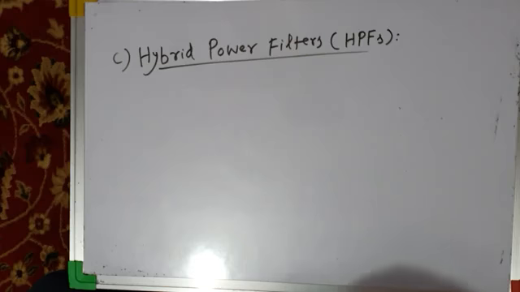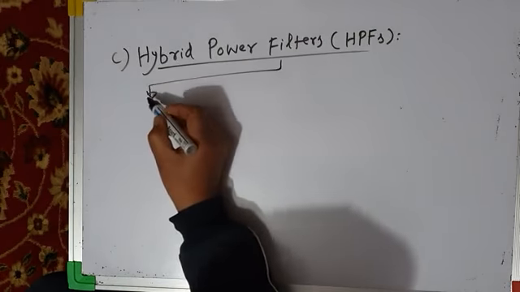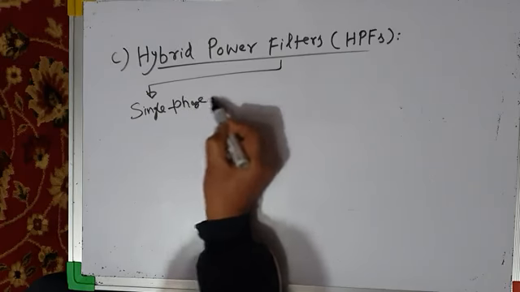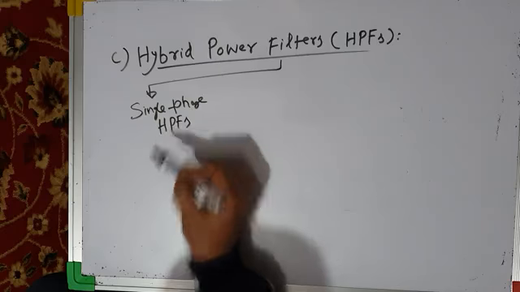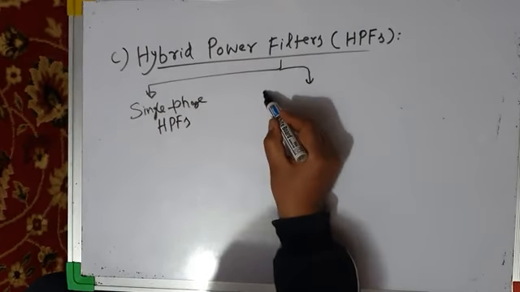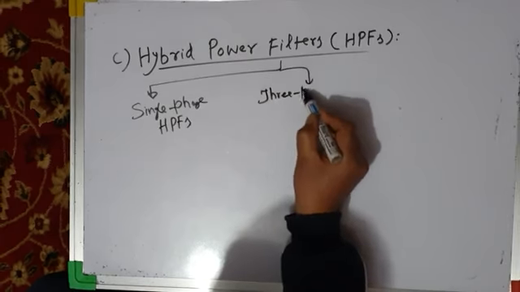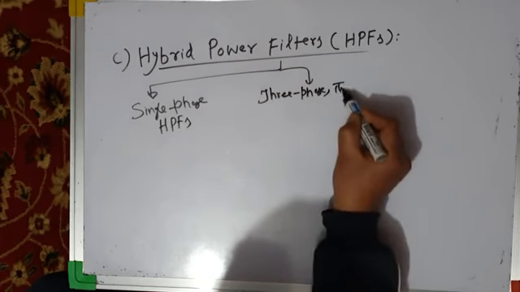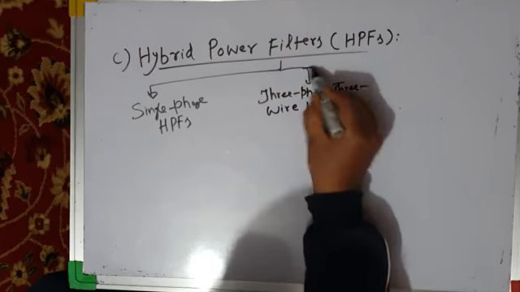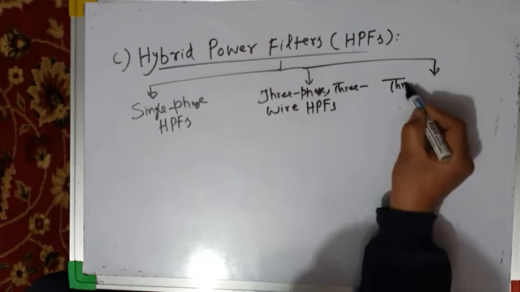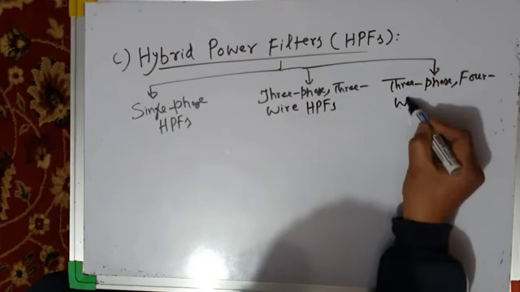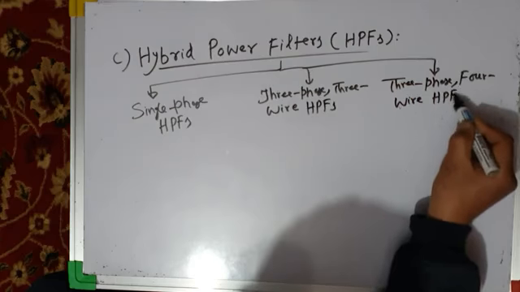And when we say hybrid power filters, they are classified like this. They are classified as single phase hybrid power filters, three phase three wire hybrid power filters, and three phase four wire hybrid power filters.